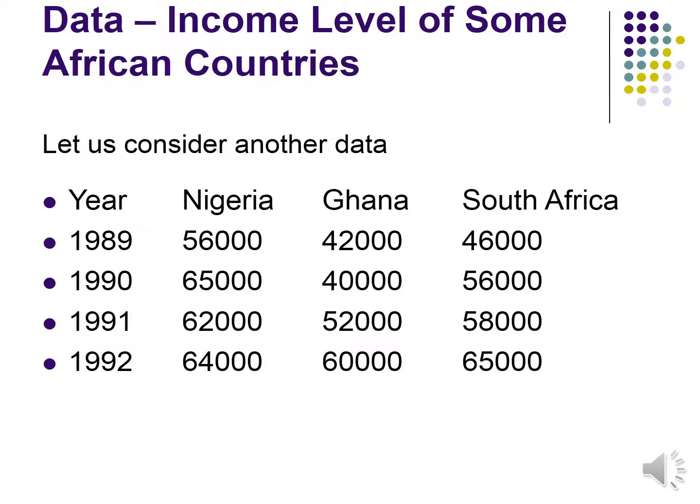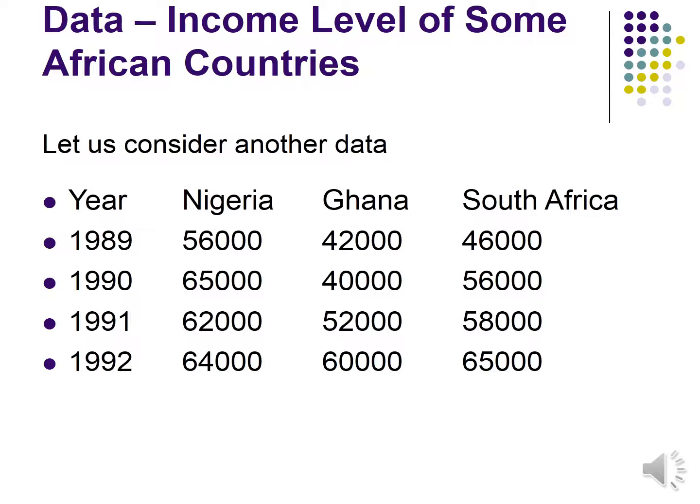So you will see 56 billion, 65 billion, 62 billion, 64 billion for Nigeria, 42, 40, 52, and 60 for Ghana, 46, 56, 58, and 65 for South Africa. This is purely hypothetical in nature.